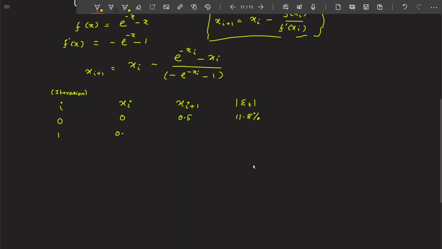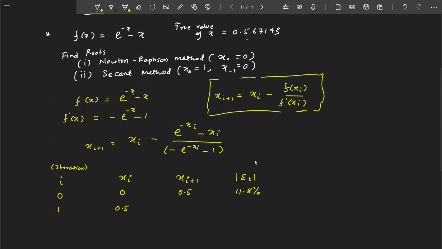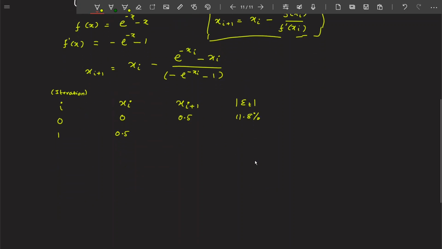Okay, for this iteration this will become the previous value, and then using this previous value we are going to find out the current value. So again, now what you're going to do is you're going to substitute 0.5 in this equation here, here, here, and here, and we are going to find out the value of xi plus 1.